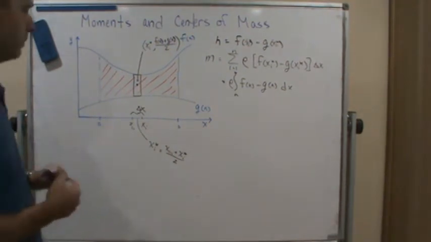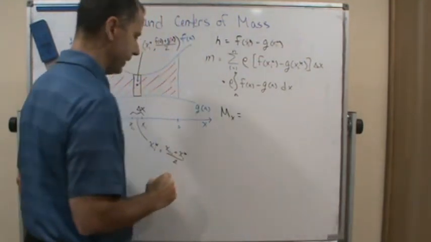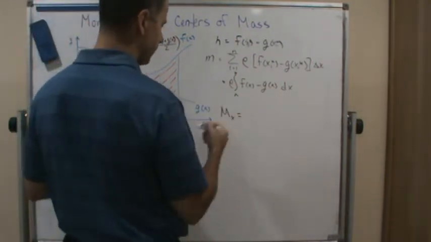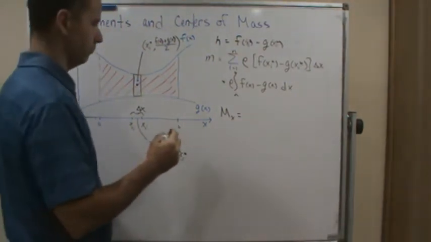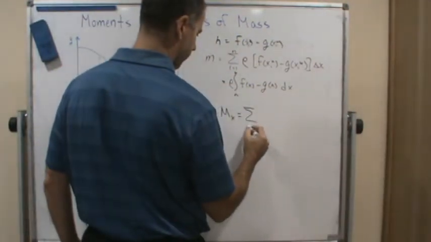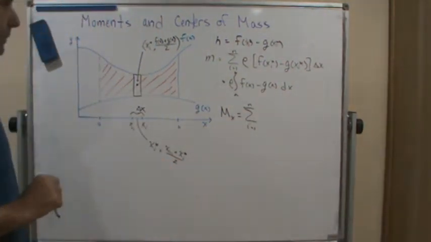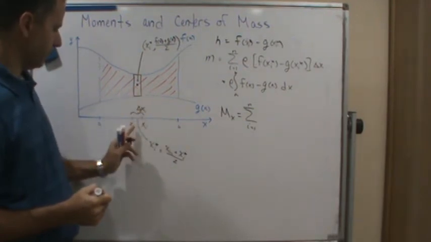Then similarly, we get the moment with respect to the x-axis. Again, it's going to be mass times distance. The mass is given by the formula, and the distance is given by this, since we're doing that with respect to x.